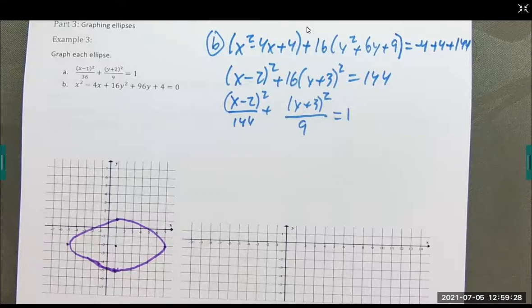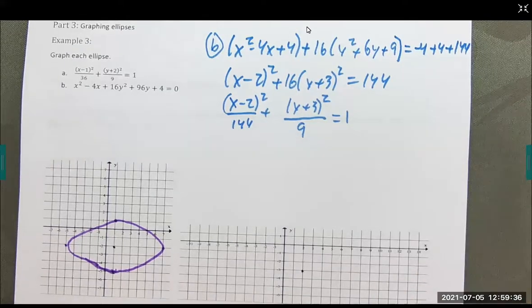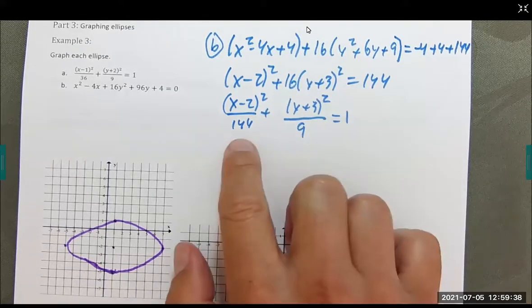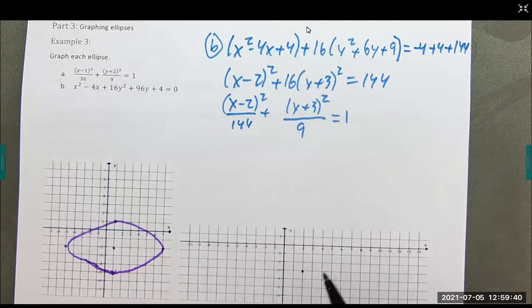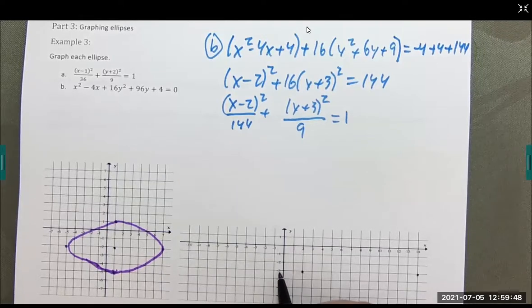Let's see what that looks like. +2, -3, so we're down here. And in the x direction, I'm going 12. That's the square root of 144. So let's see. 1, 2, 3, 4, 5, 6, 7, 8, 9, 10, 11, 12 in each direction.